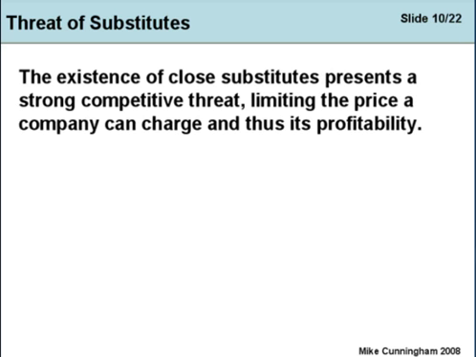The existence of close substitutes represents a strong competitive threat, limiting the price a company can charge and thus its profitability. So the closer the substitutes, the stronger the competition. Take mobile phones. A lot of mobile phones have very similar functionality, have very similar apps or applications which can be downloaded that will do similar jobs.